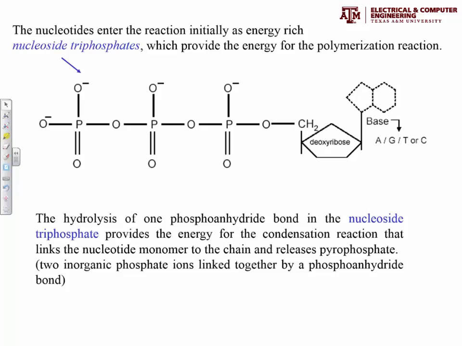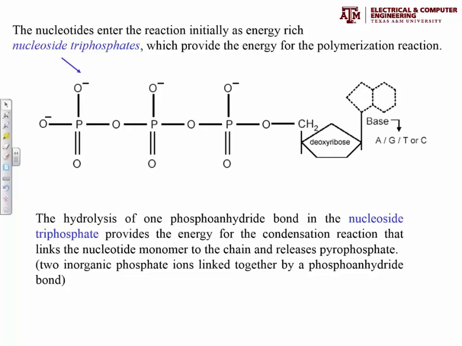So now I have these high energy phosphoanhydride bonds between the first phosphate, the second one and third one. These can supply the free energy that is needed for this reaction to go forward, because otherwise this reaction will not occur because it's an energetically unfavorable order-generating reaction.